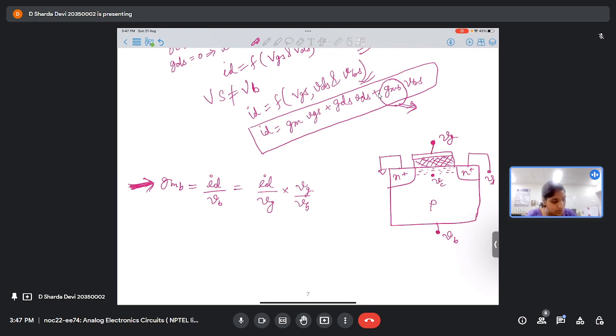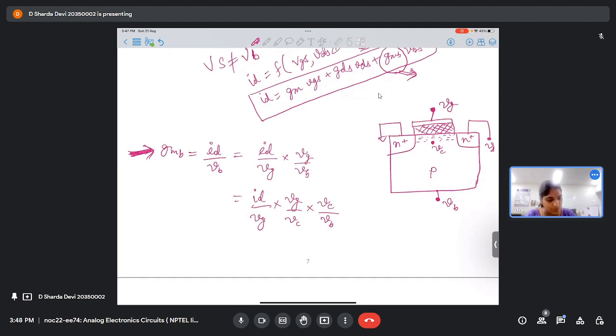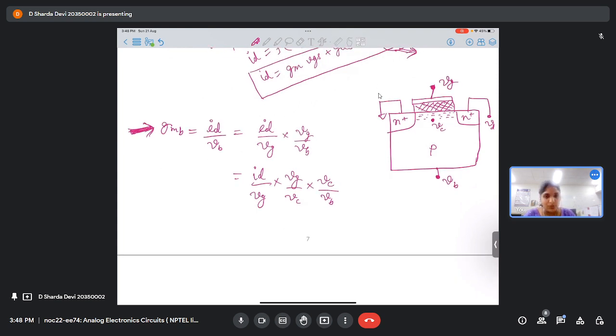So these voltages are coming in series and it appears like a voltage divider circuit, right? I'm further bifurcating this. Here it is not a voltage divider made up of resistors, but a voltage divider made up of capacitors.